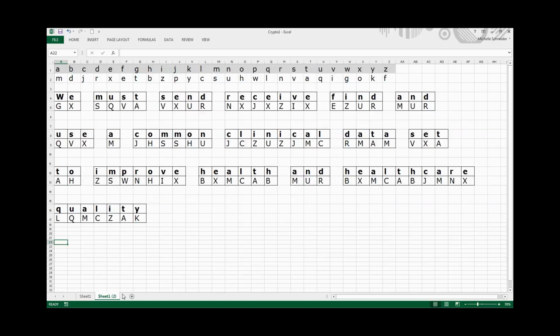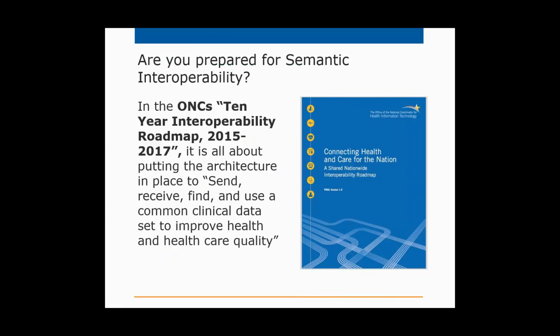So once we know that M is A and D is B, now we can communicate because we have the key. Okay, so that's really what we are working toward, and that's why I used this opportunity to treat you all to a cryptogram, get back to puzzles, school days here.